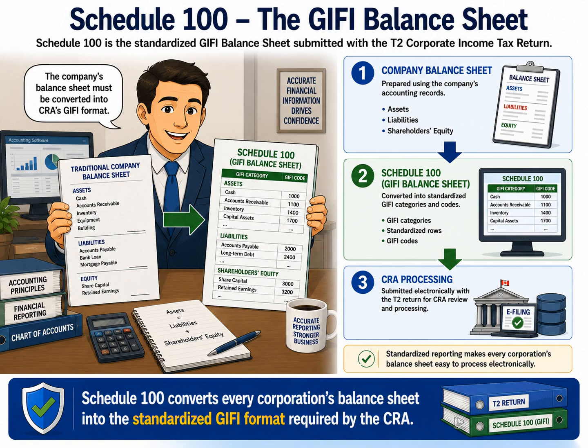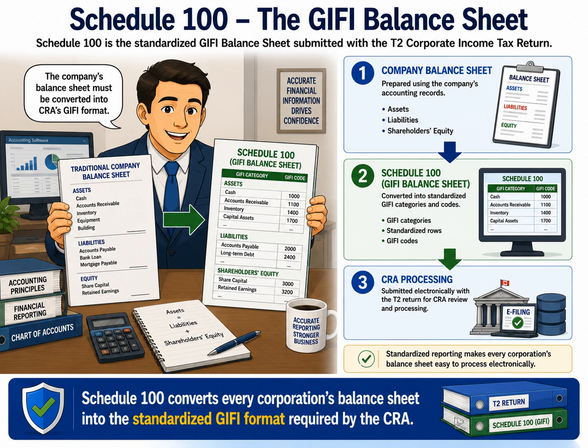Once the information has been organized into Schedule 100, it becomes part of the corporation's electronic T2 filing. Because every corporation reports its balance sheet using the same standardized GIFI categories, the CRA can process, analyze, and compare financial information much more efficiently.